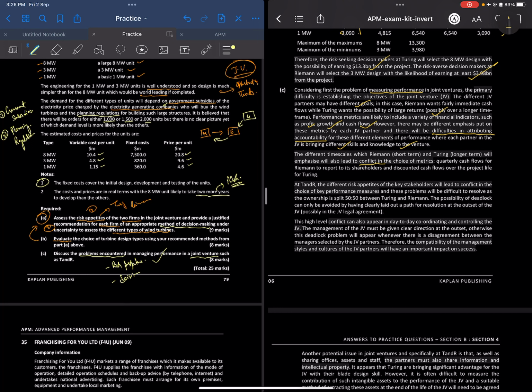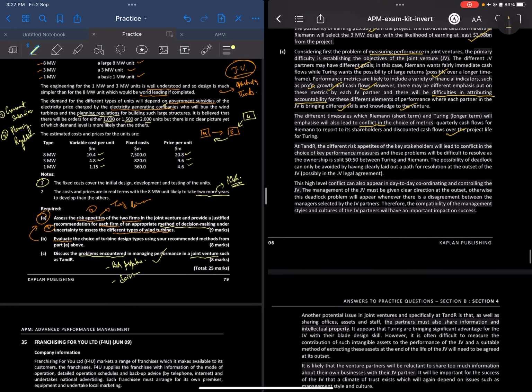So quarterly cash flows for Raymond to report to the shareholders, and discounted cash flows over the project life for Turing. The different risk appetite of each stakeholder will lead to conflict in the choice of key performance measures, and the problem will be difficult to resolve as the stock split is 50-50.